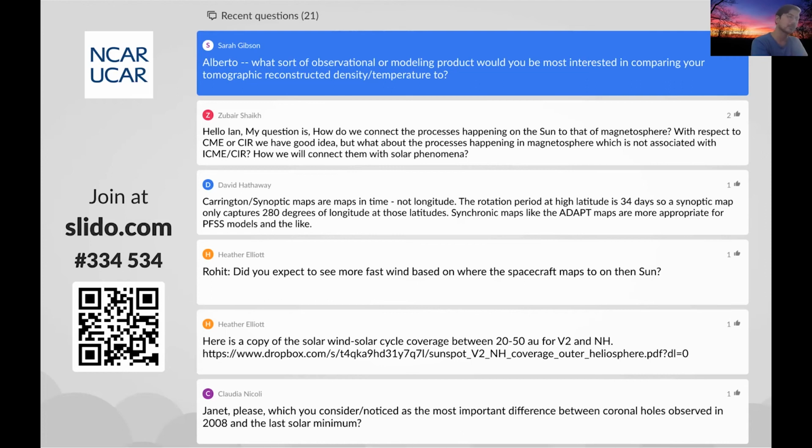In other models that I've seen, most do not reproduce that fast wind patch that PSP saw during the first encounter, except, if I remember correctly, the PSI model, whose prediction paper showed fast wind measurements during the second half of the first PSP encounter. So I don't know how well our MHD models do in mapping back to the low-lying coronal holes when they're actually present on the sun.